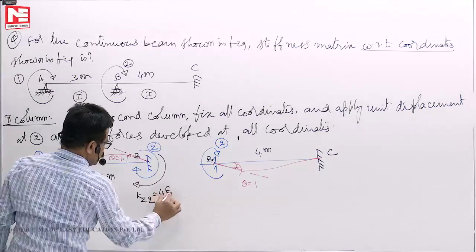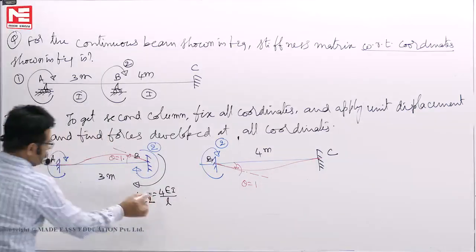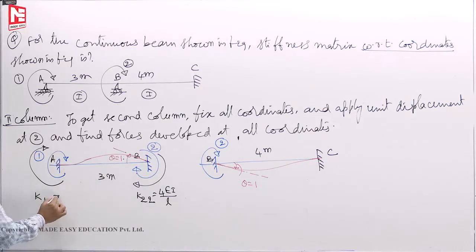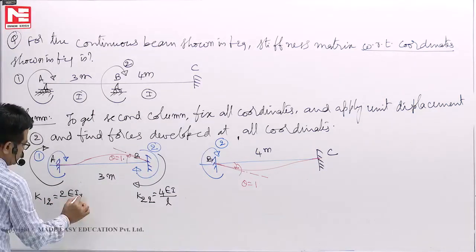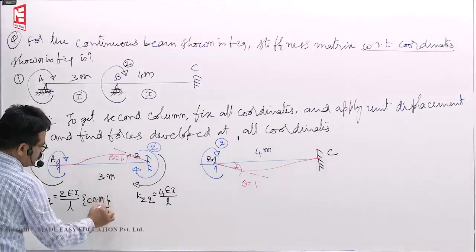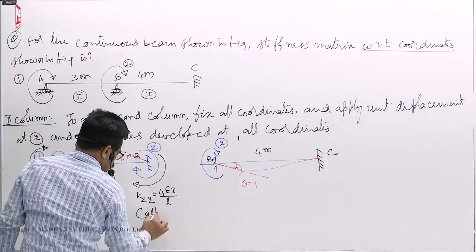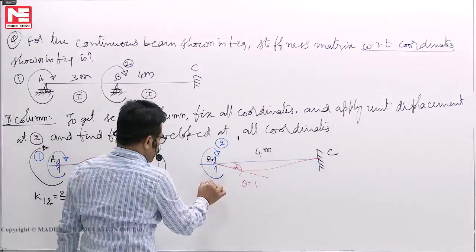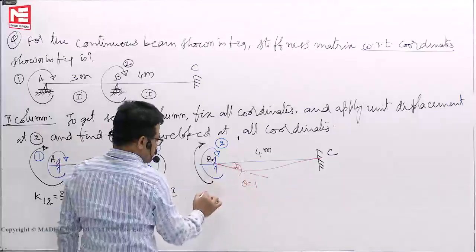Force at 2, unit displacement also at 2. This is 4 EI by L. Because of this, the carryover moment is the force developed at 1 because of the unit displacement at 2. This is 2 EI by L. This is the carryover moment, and this is what we applied. For this we know, here also you have to apply to produce this one.